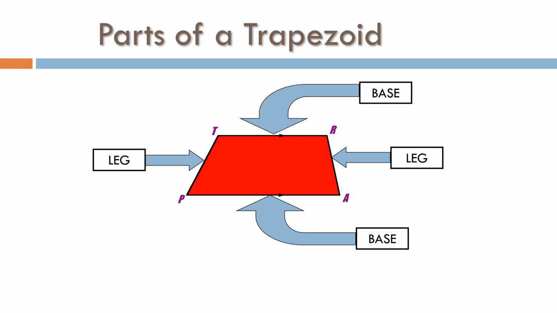That's a fancy way of saying T and P are supplementary and R and A are supplementary. All you really need to remember is same side interior angles, between the parallel lines, and you'll be good to go. Adds up to 180.